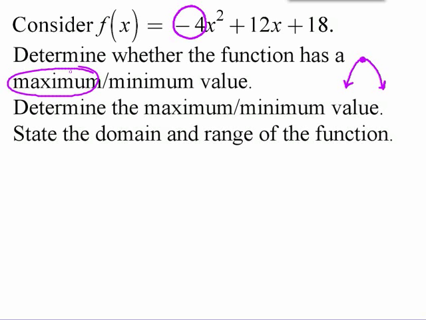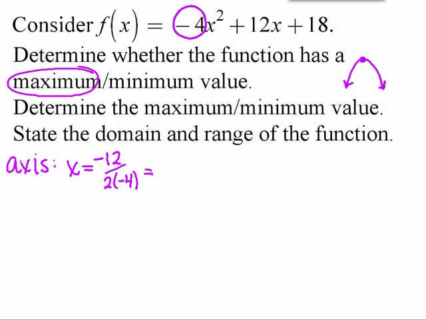So now we need to determine the maximum value. What I'm going to do is plug in my axis, and then I'll find the vertex, and that'll be good to go. So first of all, let's find the axis. X equals negative b, so negative 12, over 2 times a, which is negative 4.